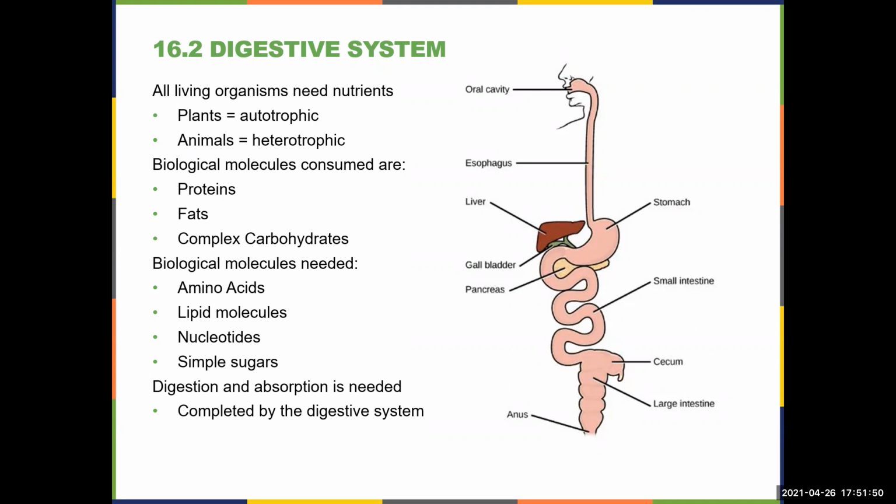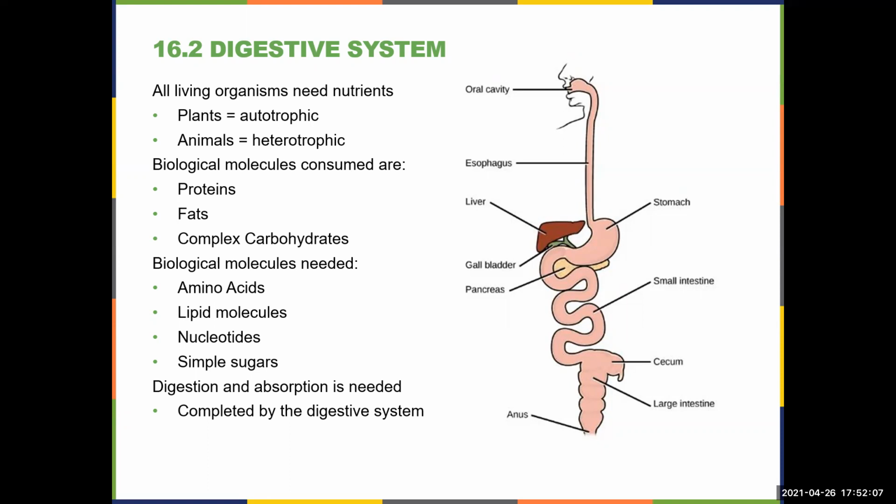And so the process of digestion is taking in those biological molecules, breaking them down into the molecules needed, and absorbing those molecules. So the digestive system does that. Okay.